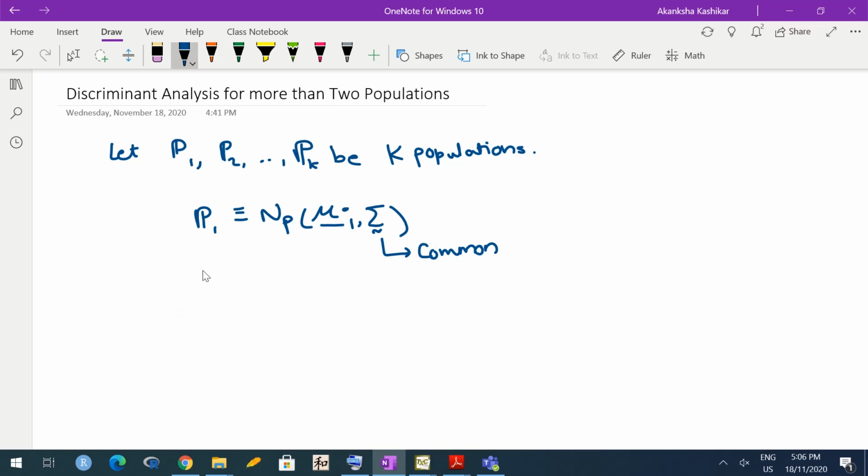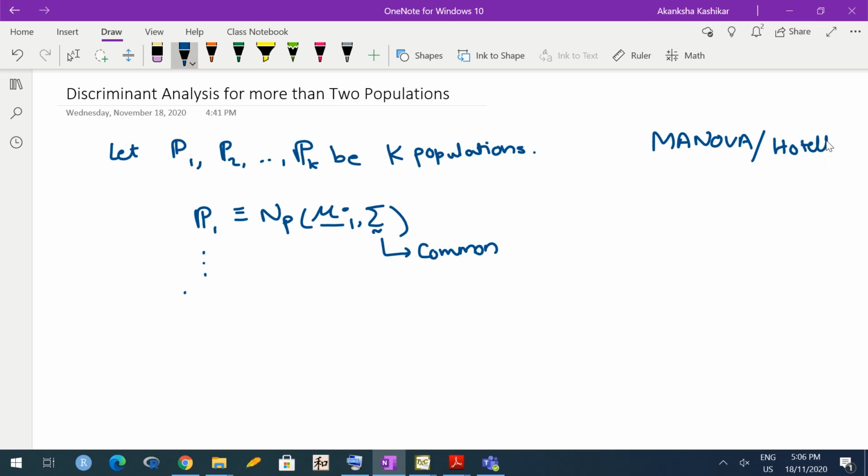Of course, we will assume that mean vectors are different, because if mean vectors are also the same, then there is no point in discrimination. In fact, ideally, one of the first steps to discriminant analysis would be to carry out MANOVA or Hotelling's t-square, depending on whether you have two populations or more than two populations.